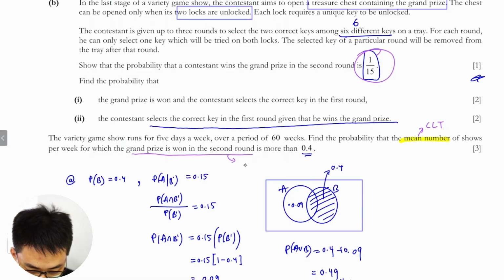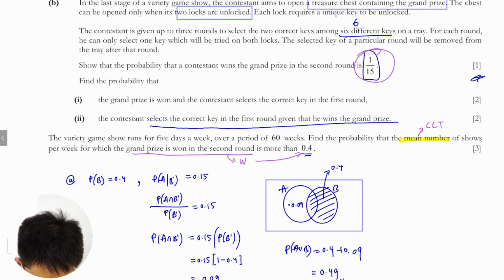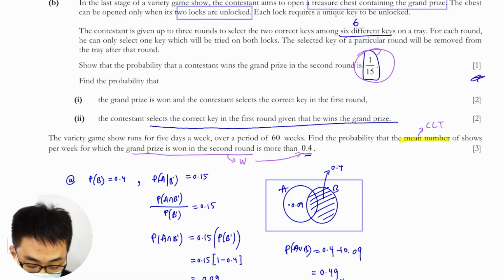So label this event, let it be W, win second round. So the probability of winning second round is 0.44. Okay, so now we want to show that the mean number of shows per week for which the grand prize is won in the second round is more than 0.4.